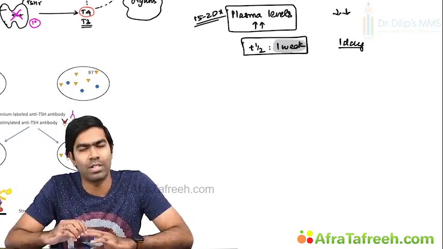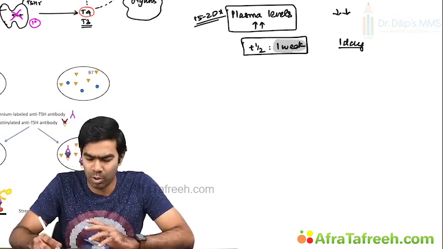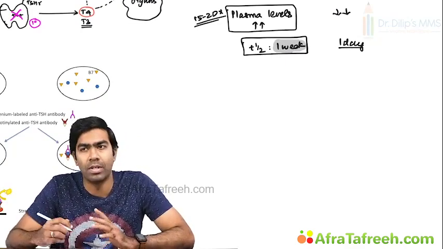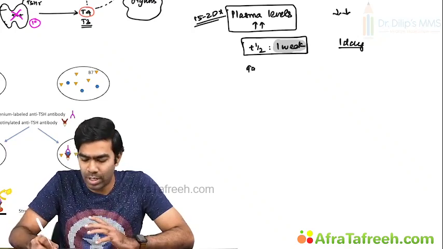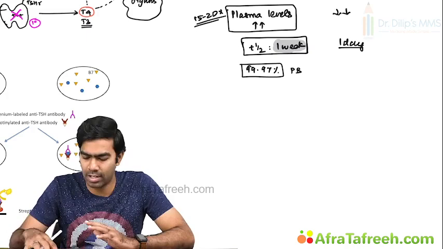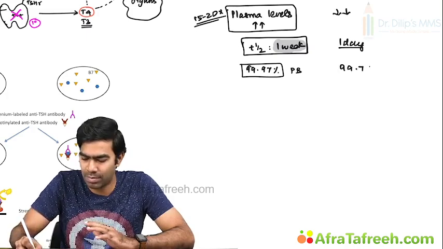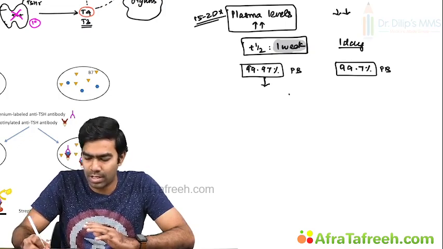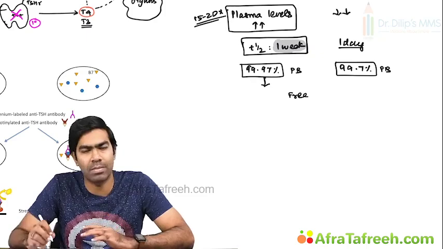Okay. So how much they are protein bound? Protein bound in the sense like almost 99.97% of T4 is protein bound, and 99.7% of T3 is protein bound. That gives us the free form as well. The remaining must be the free form.